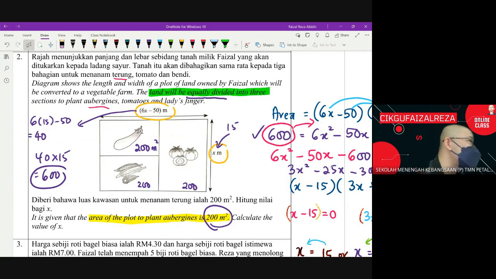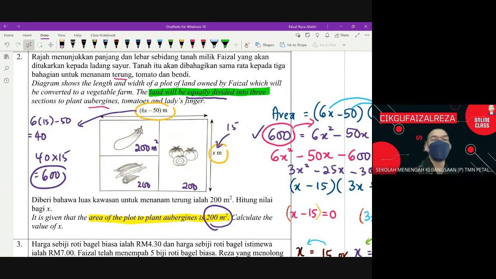Now can you understand? The total land is 600. Divided by 3, you get 200? Yes, 600 divided by 3 is 200. That's what the question didn't give to us. You must find the total area.